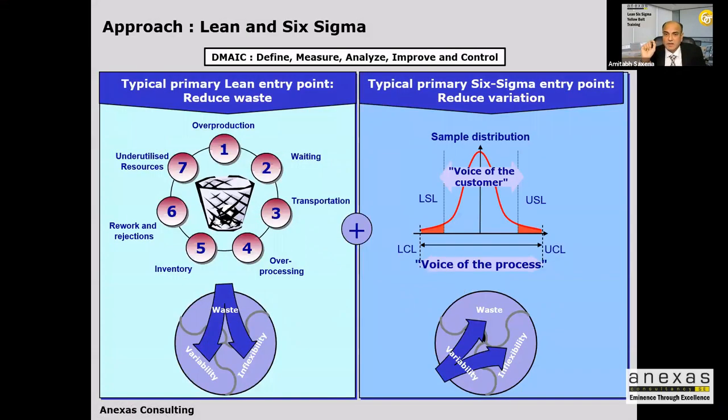Six Sigma is about reducing variation in the process, improving the predictability of the process. So both are important. Reducing the time is important, and then being consistent is also important. See, if my average waiting time is reduced from, say, 60 minutes to 30 minutes, that is the average.